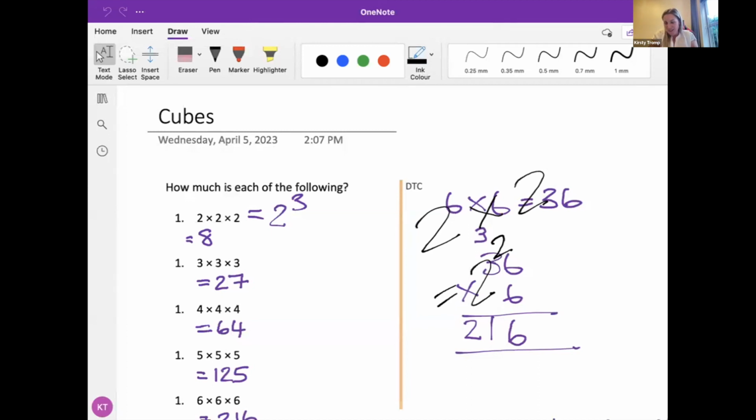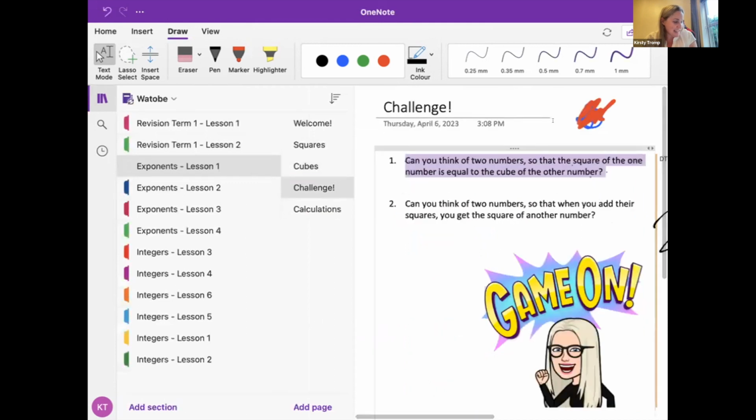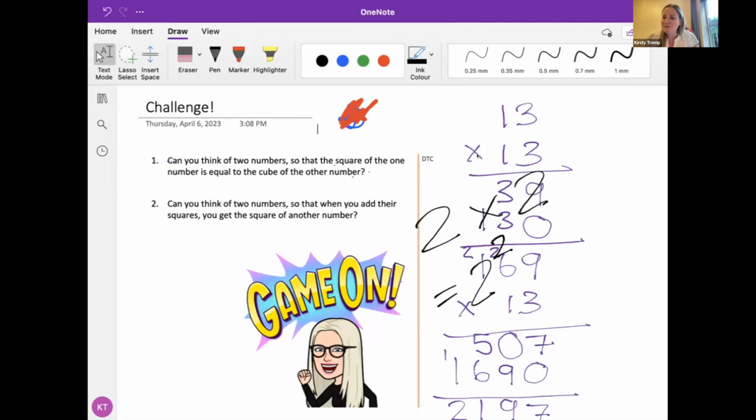Ma'am, can you please go back to the question? The challenge again. Yes. Are you determined you're going to answer it tonight? You're not coming back to me on Wednesday. Okay, let's go. Ma'am, it says, so that the square of one number is equal to the cube of the other number. So for example, if I get the answer of a cubed number, should it be the square of the two numbers?